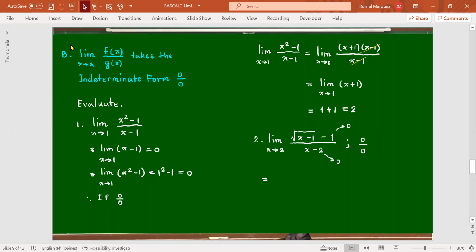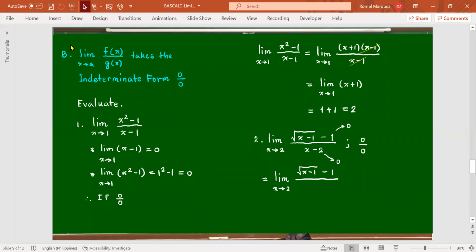Okay, guys? So, the technique, guys, is to rationalize the numerator. Okay? At kailangan matanggal natin itong x minus 2. Makaproduce tayo in the numerator ng factor na x minus 2 so that we can cancel. So, paano mara-rationalize ang numerator? Meaning matatanggal ang radical.